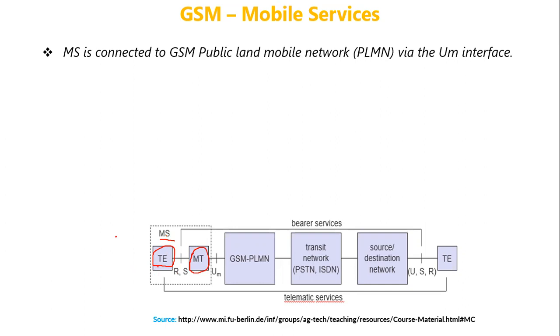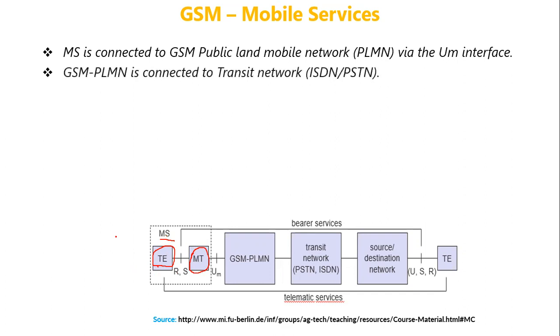The mobile station is connected to the GSM PLMN. PLMN represents public land mobile network. The mobile station is connected to the GSM PLMN through an interface called the Um interface.